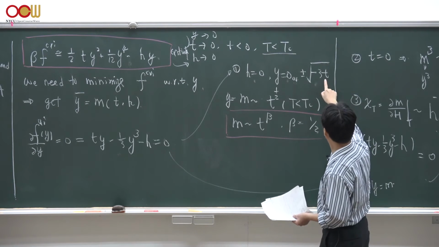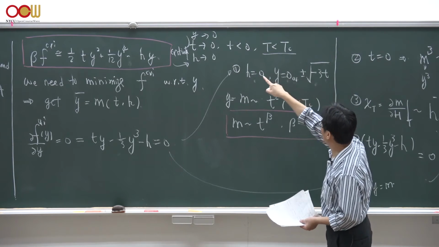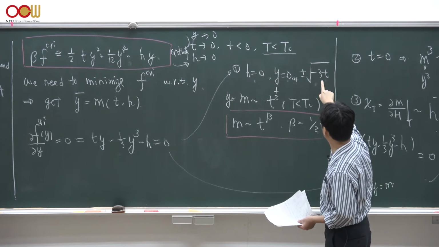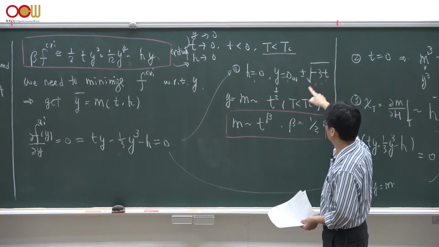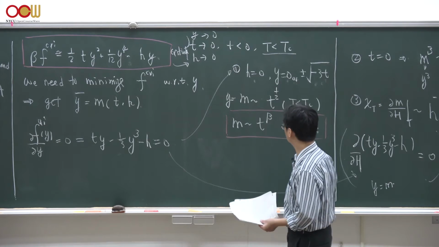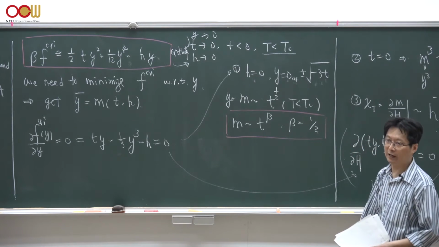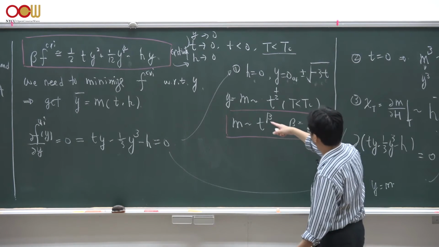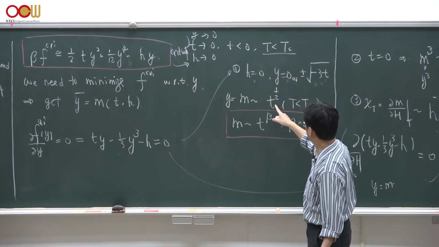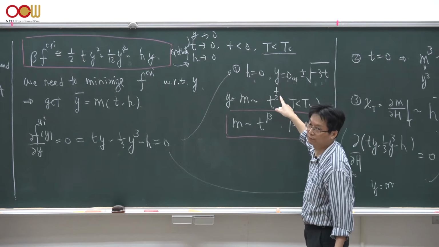Note that this little t is actually negative, as I mentioned. Therefore, the square root is positive, so this is a real number. Now you can immediately get the relation between this magnetization and this little t, the reduced temperature. This m is proportional to the square root of t, t to the power of 1/2.